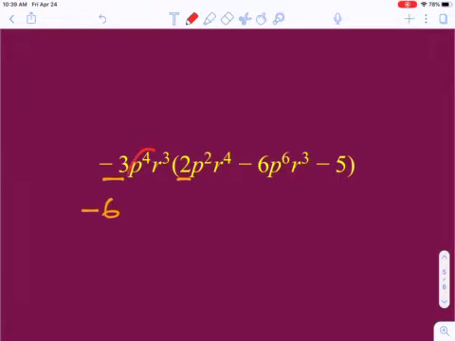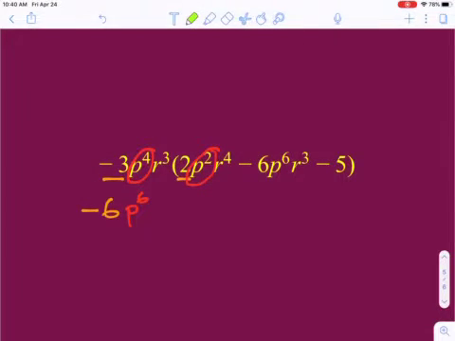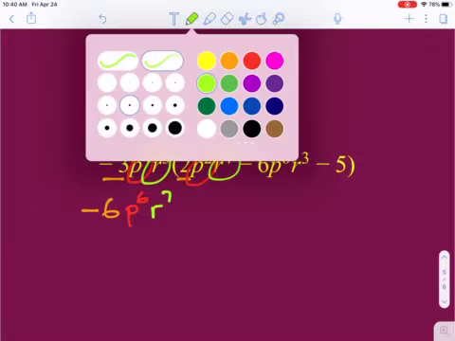So I'm going to be multiplying the p to the 4th by the p squared, and that's going to give me p to the 6th power, because you add those exponents. And then you do the same thing with your r. So you've got r cubed and r to the 4th, so you're going to get r to the 7th power.